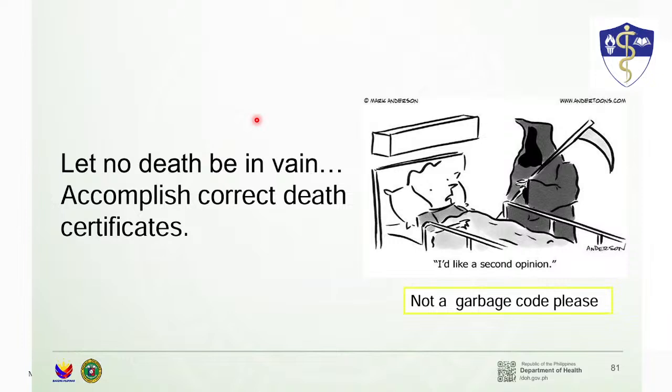Okay, so let no death be in vain. Accomplish the correct death certificates. So no more garbage code, please. This is the message, po, of the DOH. The garbage codes will not be the final legacy of the patient, po.